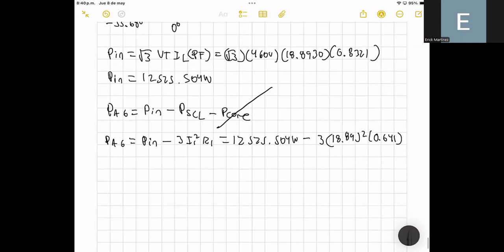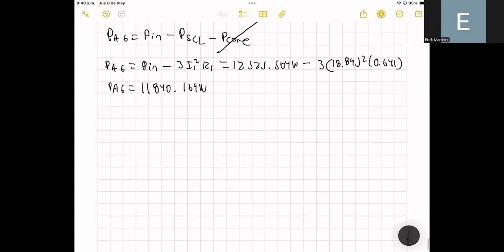And the air gap power is equal to 11,840.169 watts. Okay, this is the air gap power.